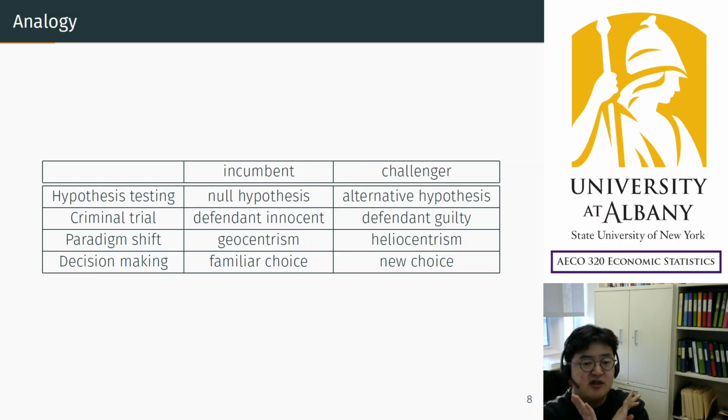So you cannot rule out the possibility that the null hypothesis is correct, but you are just unlucky. That is possible, but in statistics, anyhow, we have to ignore this small probability to make the decision, right?